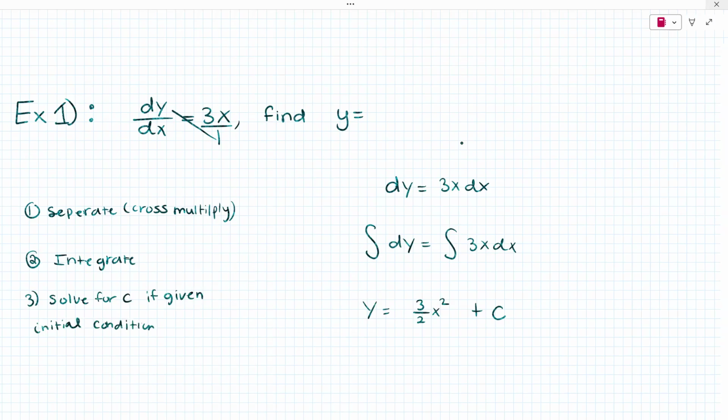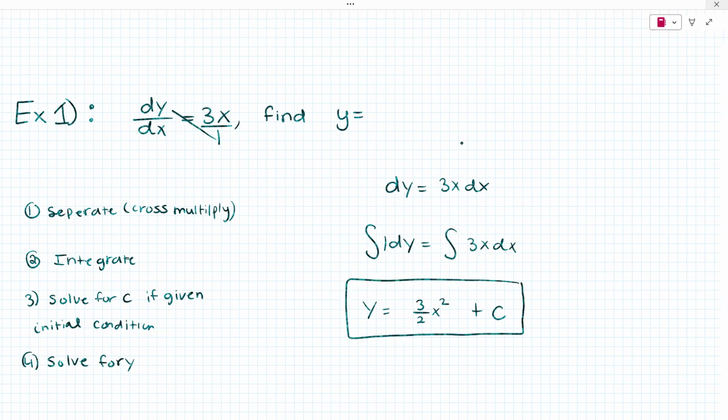So our c is just c. And step 4, solve for y. We already did that because the left side was easy. The integration of 1 dy is just y. So what this means is y equals 3/2 x squared plus c is your final solution. Okay, not too bad.